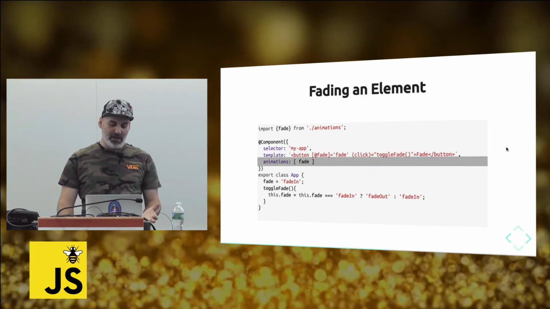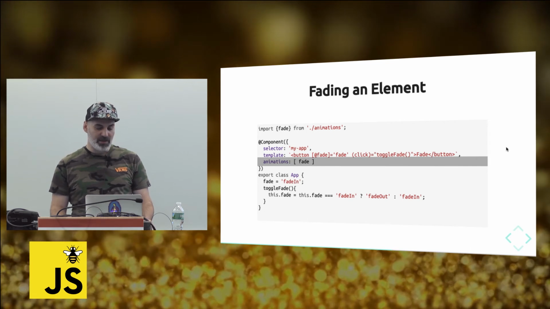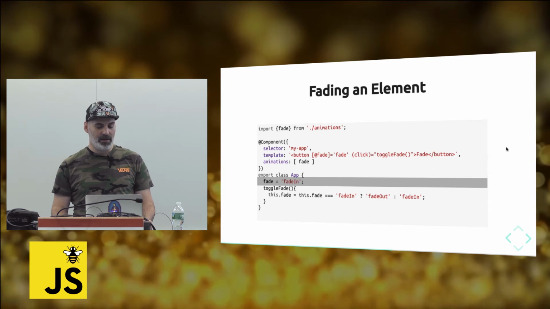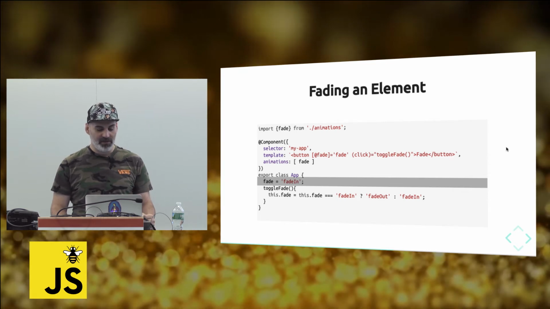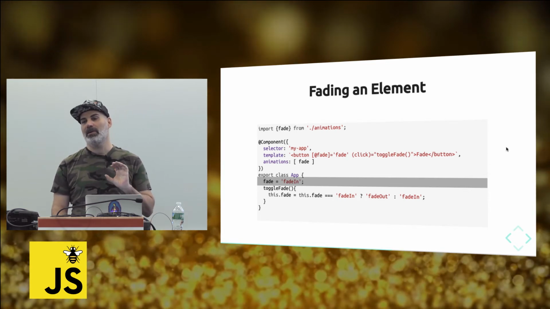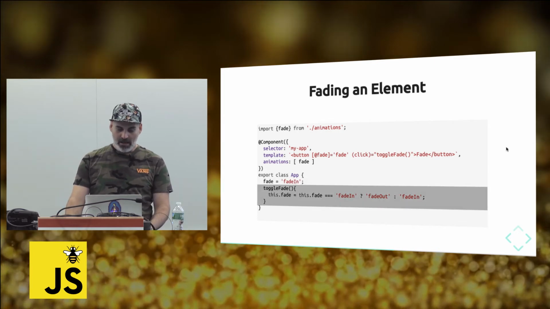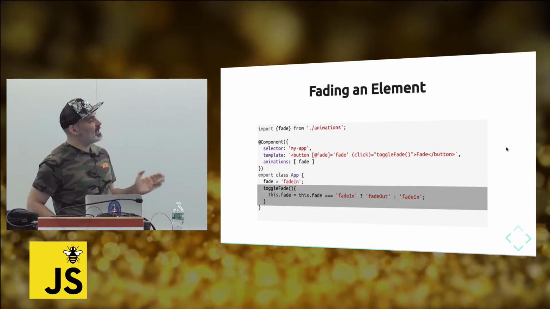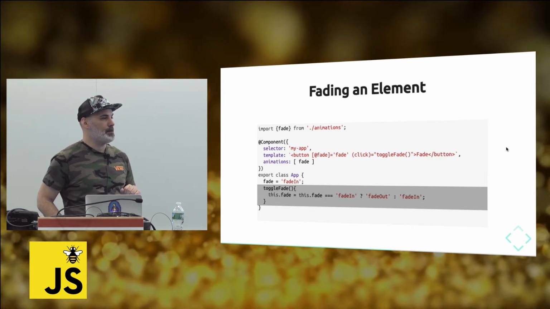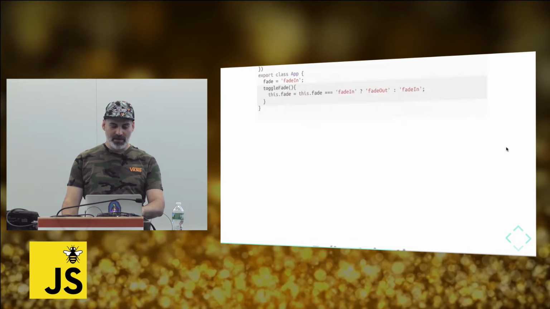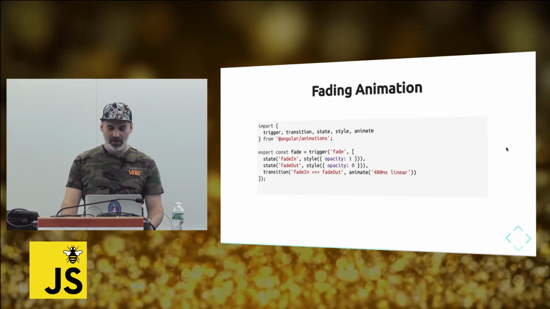That will reference the animation, which is in an external file. And we start the state of this trigger with fade in. That will change the style to be opacity 1. Then every time we click, it will check the state that this animation is on, and will just reverse it. So that's the logic behind this code.